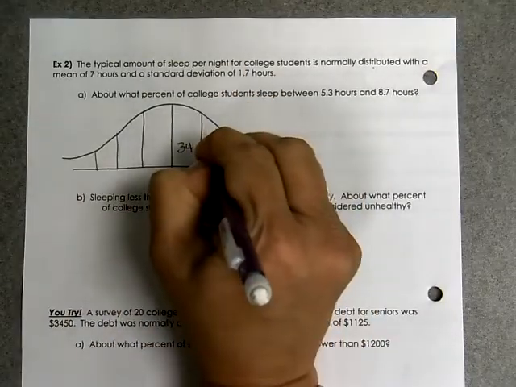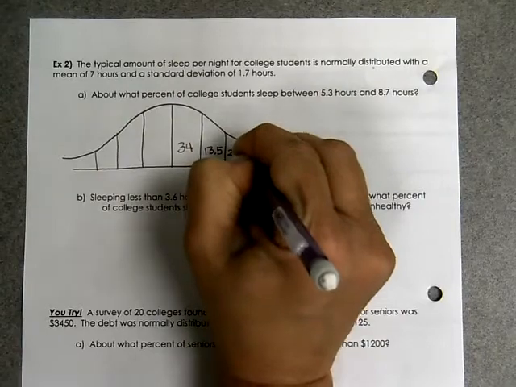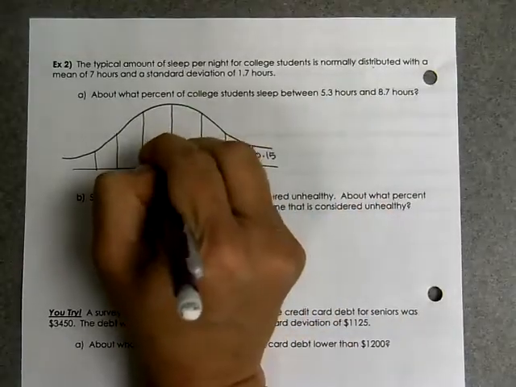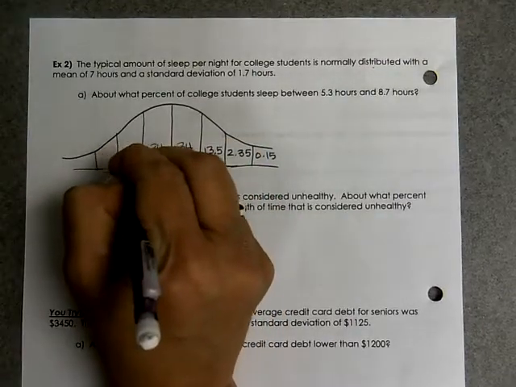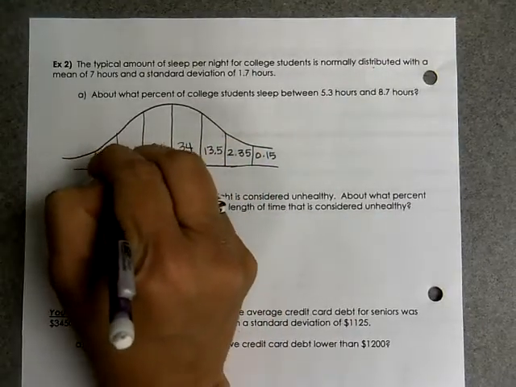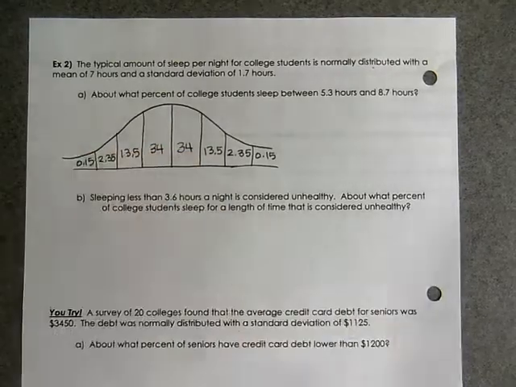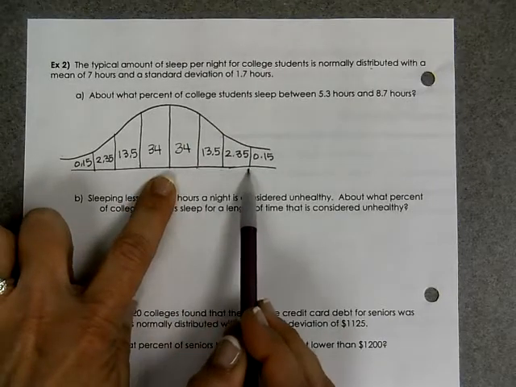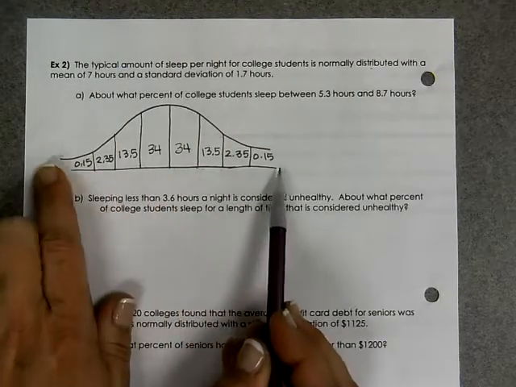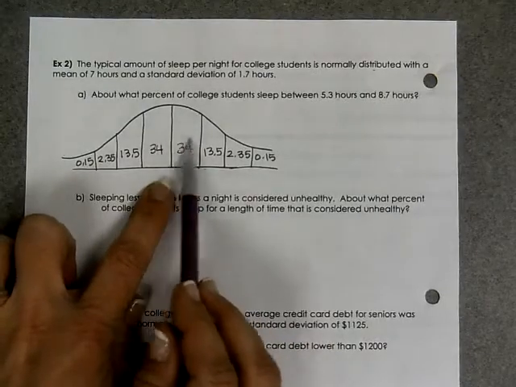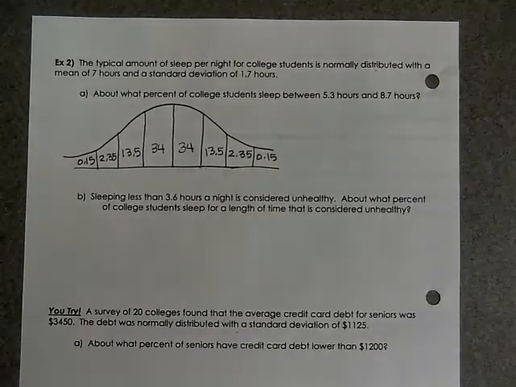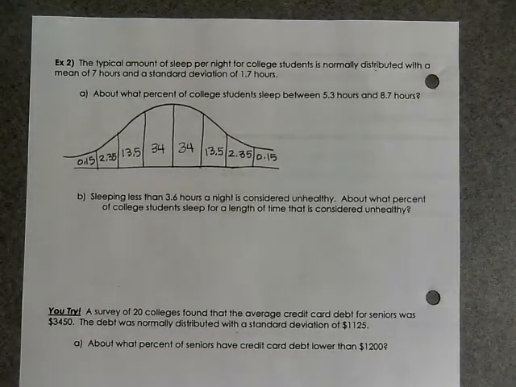The 34, 13.5, 2.35, and 0.15. So in the normal curve, notice that these are even marks because these are saying it's this many standard deviations away. Do you see that the 34 has more area in it than the other pieces? That's due to the distribution of the normal curve. Okay, so we okay with that?